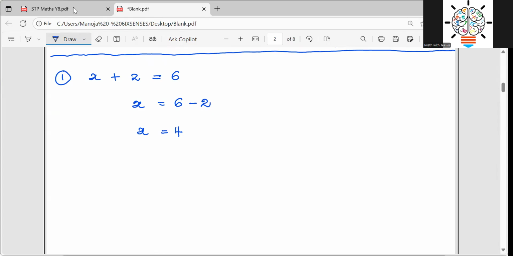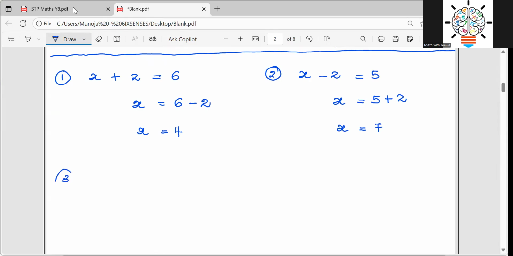When you bring this positive sign to the other side, it takes the opposite sign. On the other hand, if you have x minus 2 equal to 5, right, then x is equal to 5 plus 2, then x is equal to 7. Okay, 6 minus 2 and 5 plus 2.